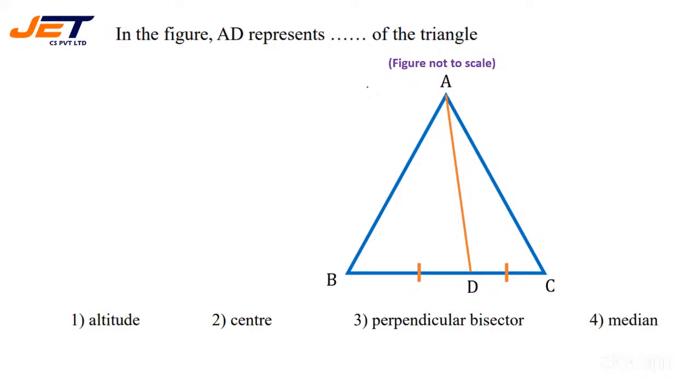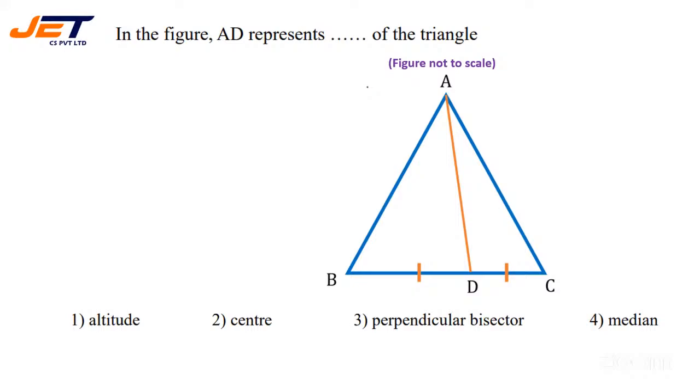Okay, all right, students. So what could be the correct option in this? So for which you must know what is a median, isn't it? So the answer here is median.